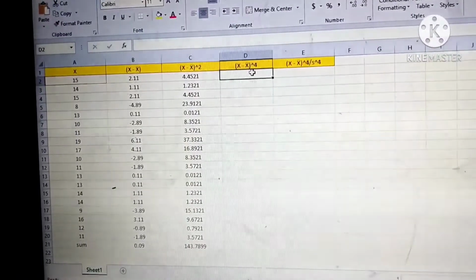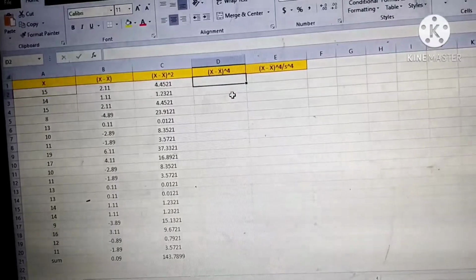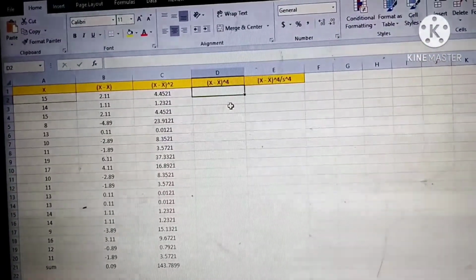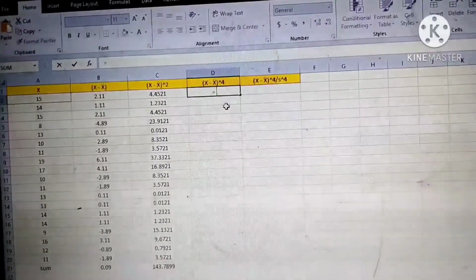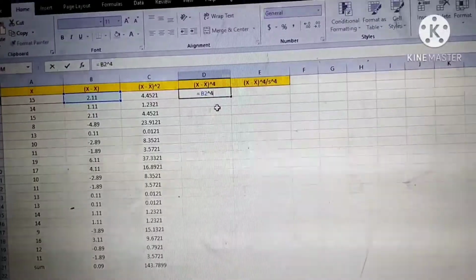Next, the same process of what we did, but for the quantity of X minus the mean raised to 4, we are going to use the formula equals B2 raised to 4, then drag.